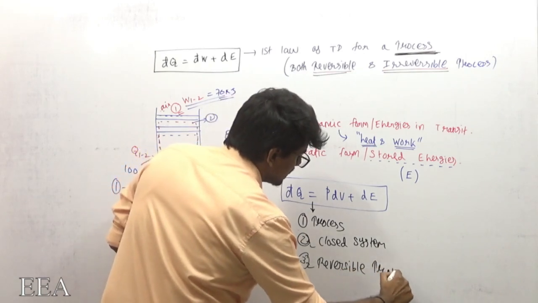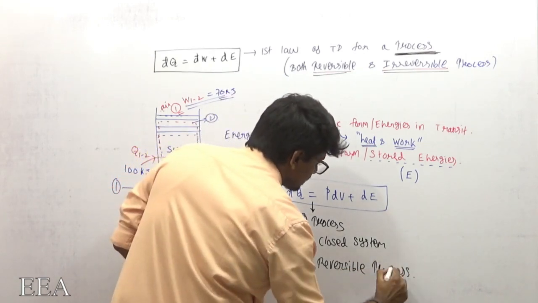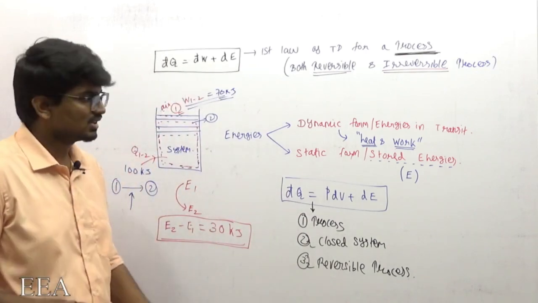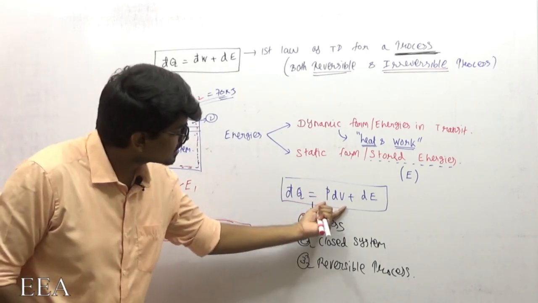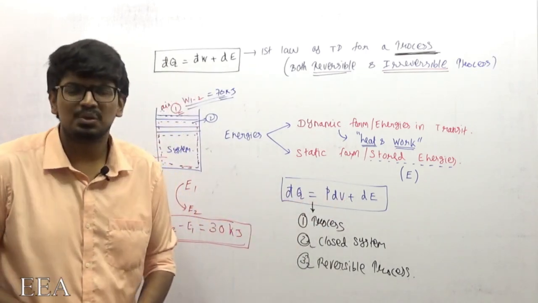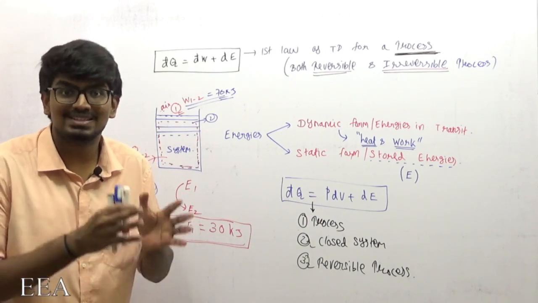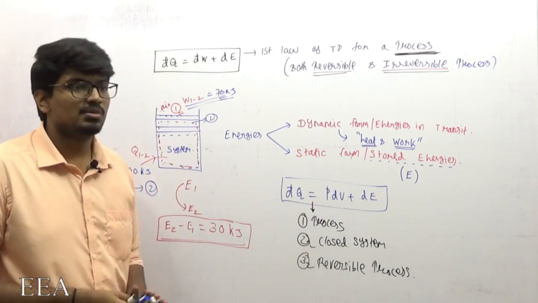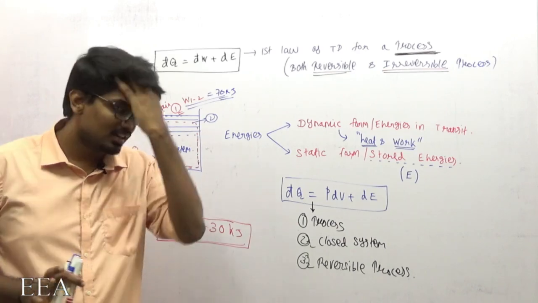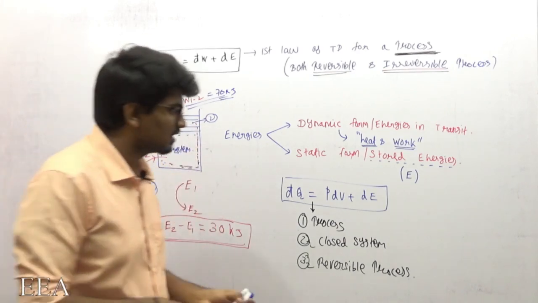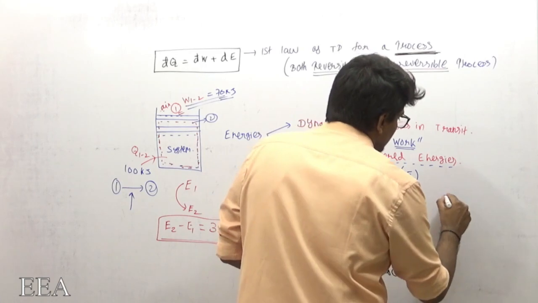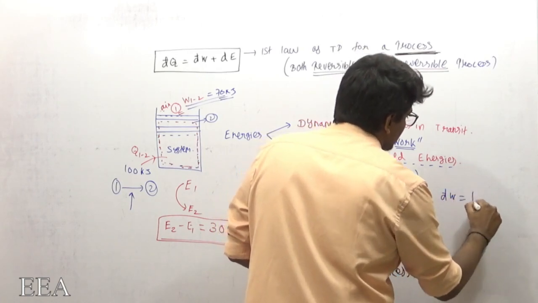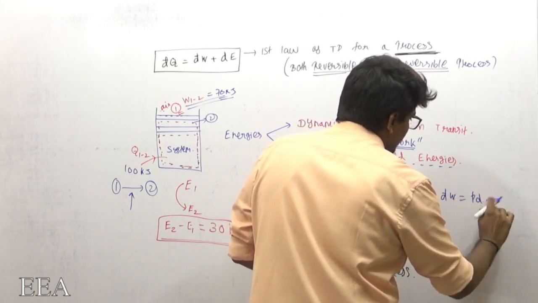Why only to a reversible process? Because d dash W is equal to PdV. It is the PdV equation, displacement work or closed system work. It is defined for a reversible process, which we discussed earlier at the start of this chapter.